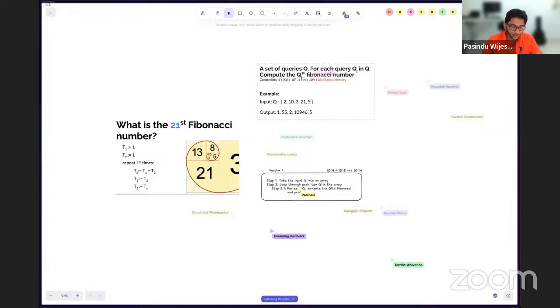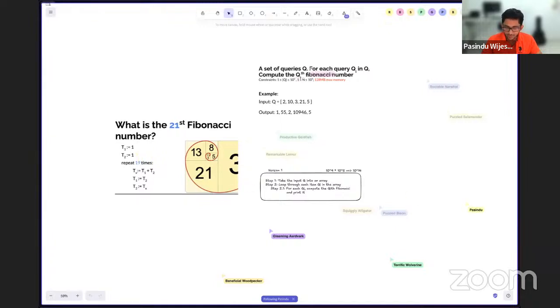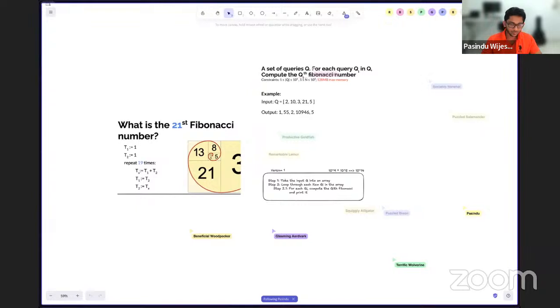So one bottleneck that I'm seeing here is that for each and every query, we compute from the first Fibonacci number to the nth Fibonacci number. What mechanisms could we use to improve this?